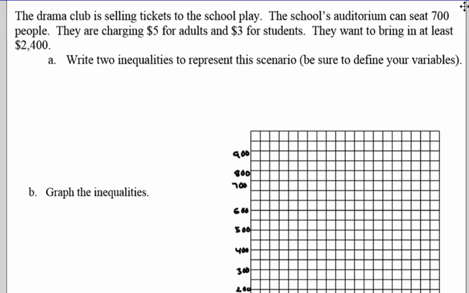All right. Now, I'm going to let x be the adults and y be the students. So I'm going to define them. X is the number of adult tickets sold.